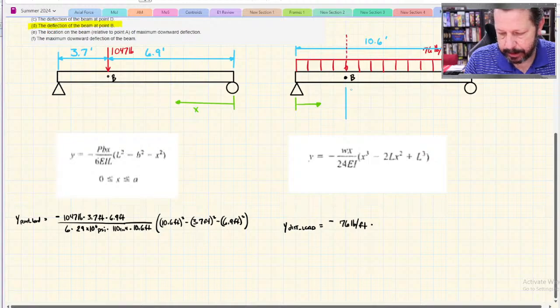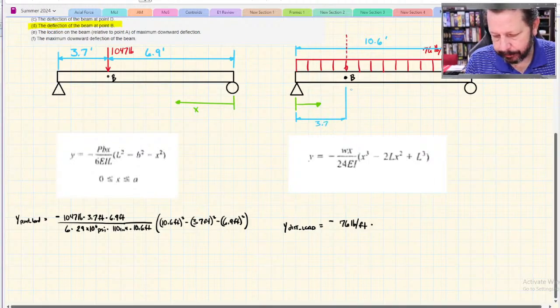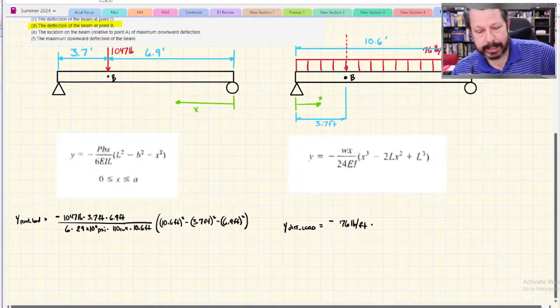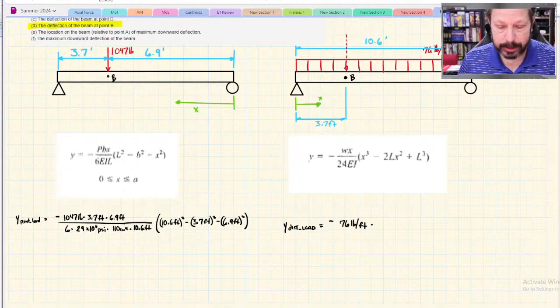That's the distance I'm interested in. That may be hard to visualize. Why? Well, this one's probably easy to visualize. The X being measured from the other direction is probably the hard one to make sense of.